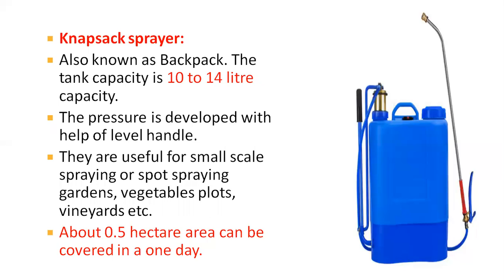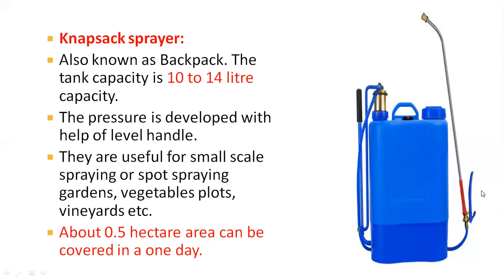Because the tank capacity is 10 to 14 liters, and this is the sprayer which is carried on the back of the operator, so it is called the knapsack sprayer. It is commonly manually operated. This knapsack sprayer has one hydraulic pump working inside the container, and the pressure is developed with the help of a lever handle, which we can see here.